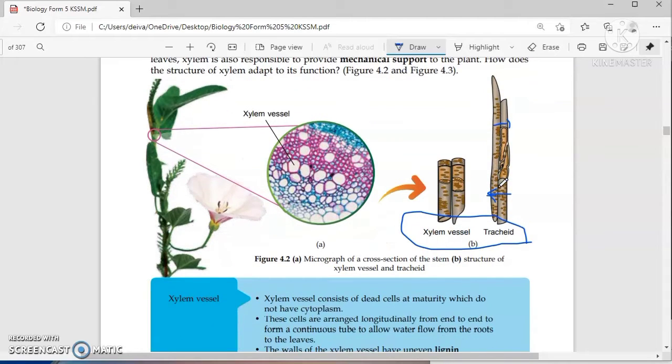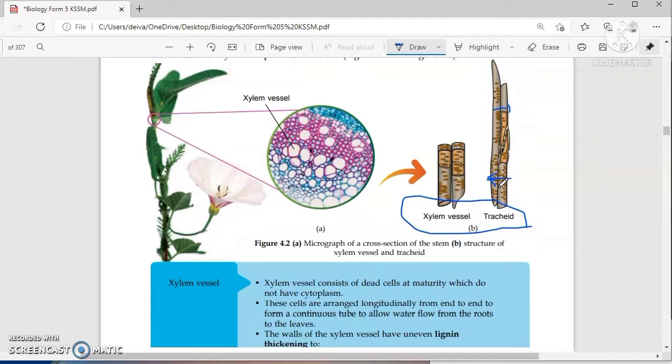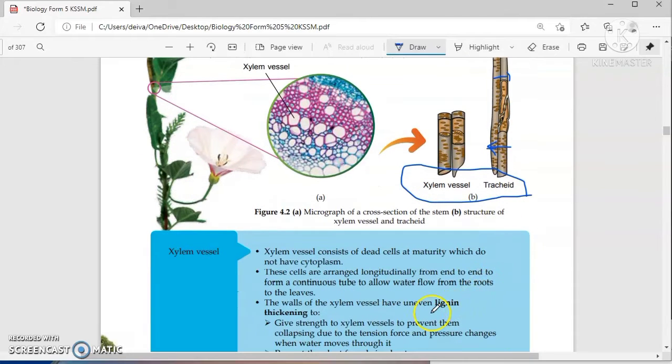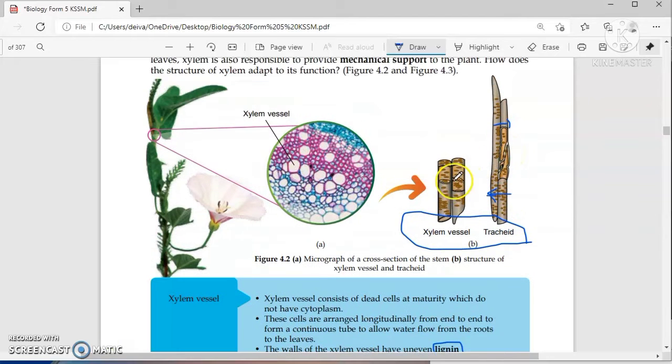When we see both of them, they have lignin. They are thickened with lignin. Lignin is to make the trachea and xylem stronger. And both of these are made of dead cells. Dead cells, cell mati.